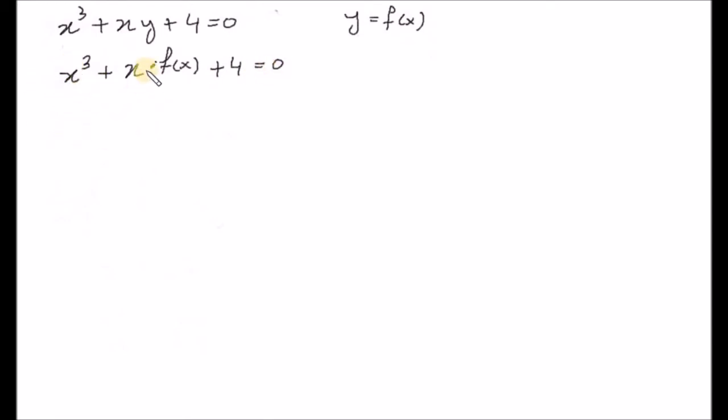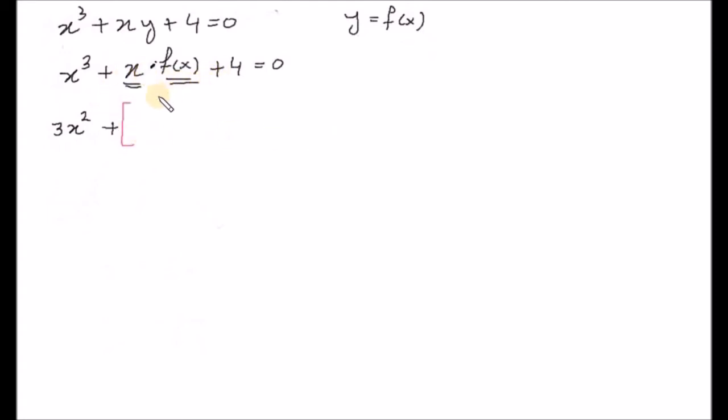Now I'm going to differentiate every single term here. So if I differentiate x cubed with respect to x, I'm going to get 3x squared, plus I have a multiplication of two functions. So basically I would need to use the product rule in this case. I'm going to put it between parentheses so you're not confused.